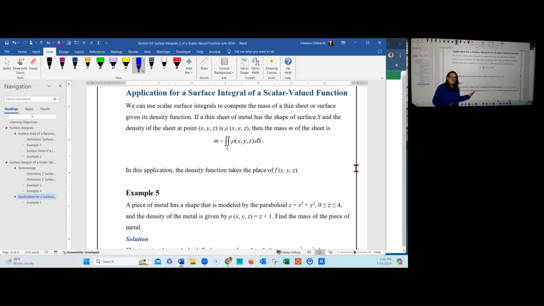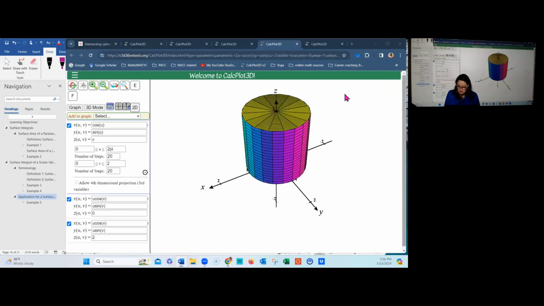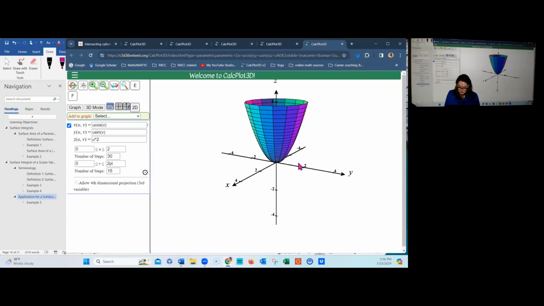In this case, we want to work example 5, where a piece of metal has a shape modeled by a paraboloid, where the paraboloid is given by z equals x squared plus y squared, and z varying from 0 to 4. We can take a look at what this looks like by clicking out here on CalcPlot3D.